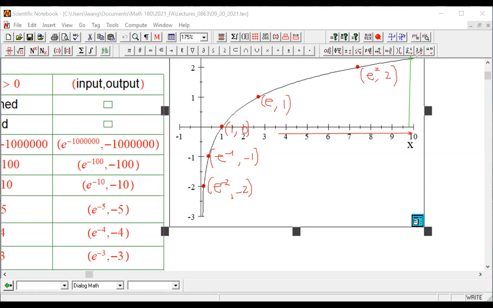In fact, you can match them one-on-one for sure. Sometimes, because I've been thinking about why our students make those mistakes, some students will say the domain is greater than 0, therefore the range is going to be all greater than 0, which is completely wrong.